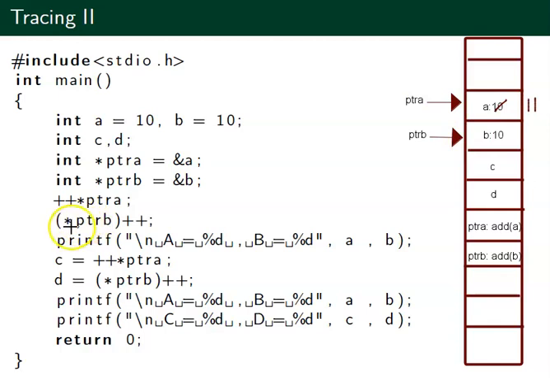Okay, now asterisk ptrb and then also plus plus. Now here there is a difference, like what we saw last time, if you assign that to a value, there will be a difference. But now for us, because we don't assign either of these, in this case we don't actually have a difference in the behavior in our example, because we just use them to increment, okay?